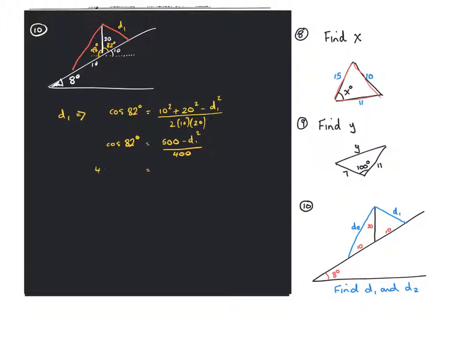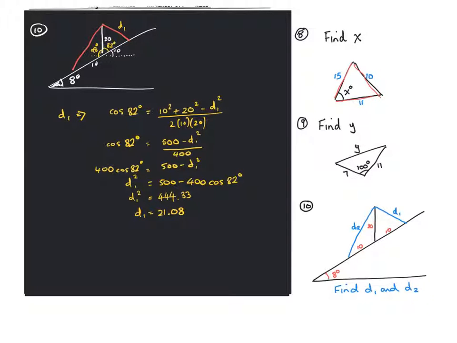So 400 cos 82 will equal 500 minus D1 squared, and switch the D1 squared over, 500 minus 400 cos 82 degrees, and we get D1 squared equals 444.33, and therefore D1 will equal 21.08 to 2 decimal places.